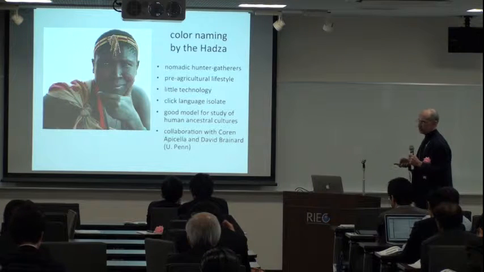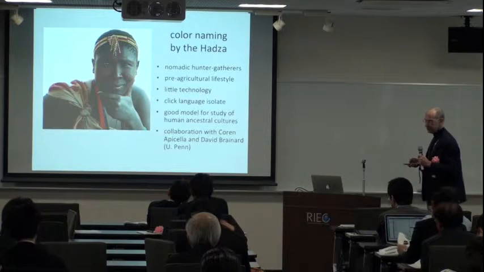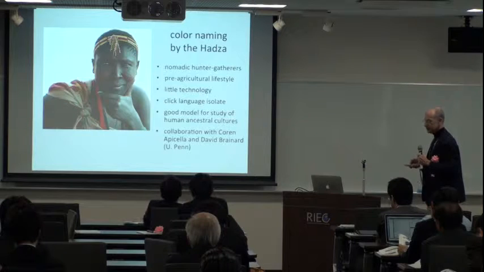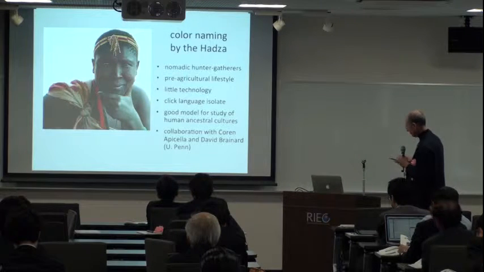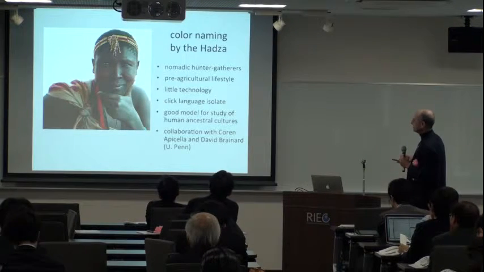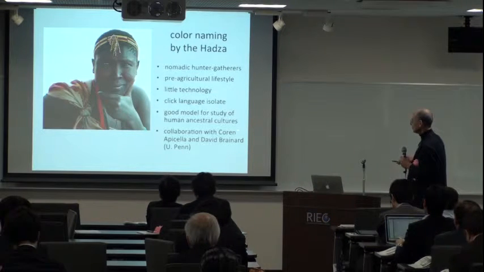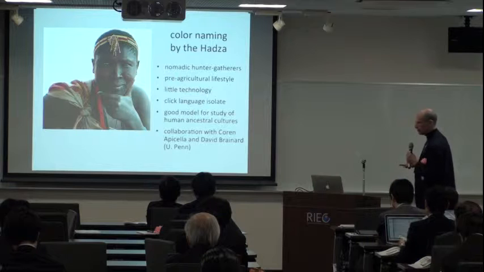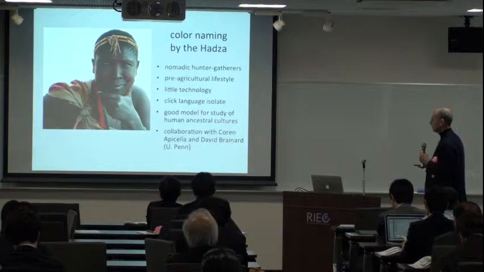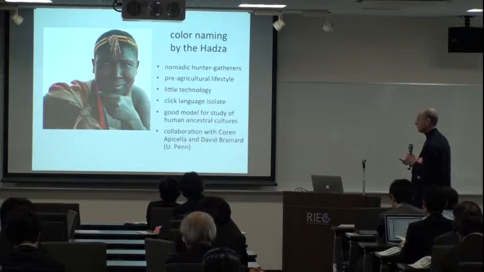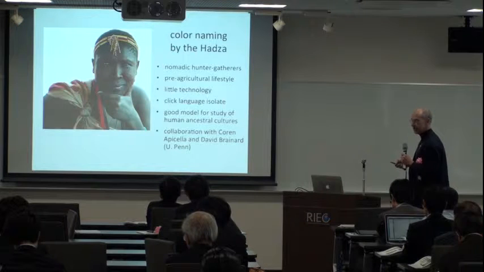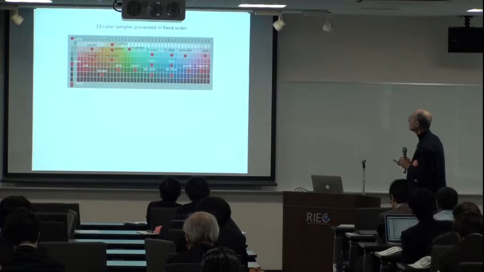Their lifestyle is much like what we would think that pre-industrial cultures practiced tens of thousands of years ago. And so we were interested in what their color naming systems might look like. This work was done in collaboration with a group at the University of Pennsylvania, headed by Corin Apicella, an anthropologist, and David Brainerd, a psychologist like ourselves.